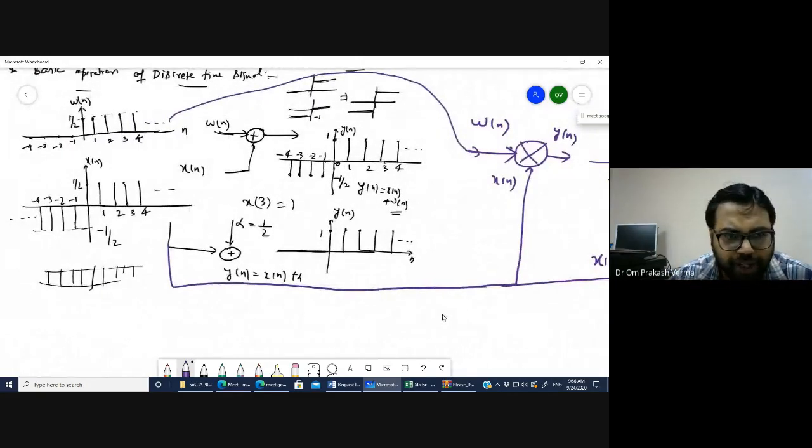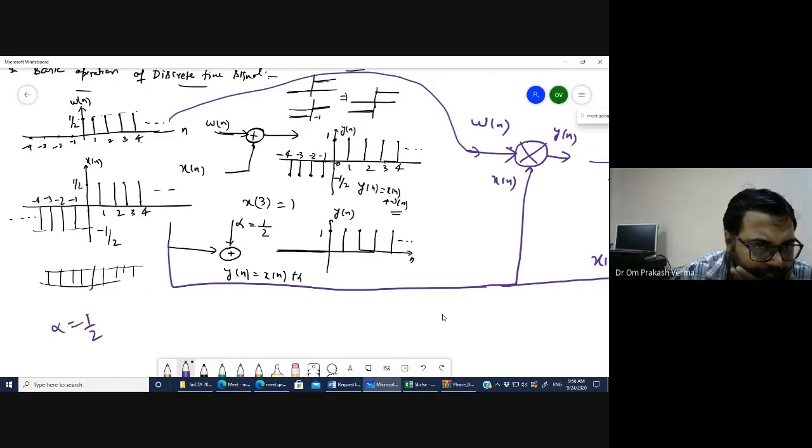When alpha is equal to 1 by 2, the constant is 1 by 2, and we are scaling the amplitude. So this is 1 by 2 and 1 by 2 is multiplied, so 1 by 4, and from this side also 1 by 2 is multiplied with the magnitude.